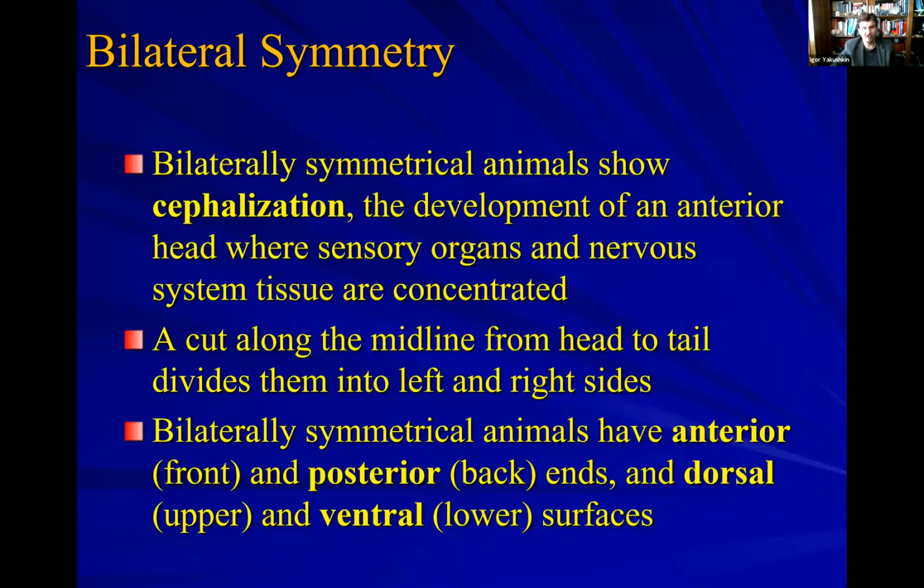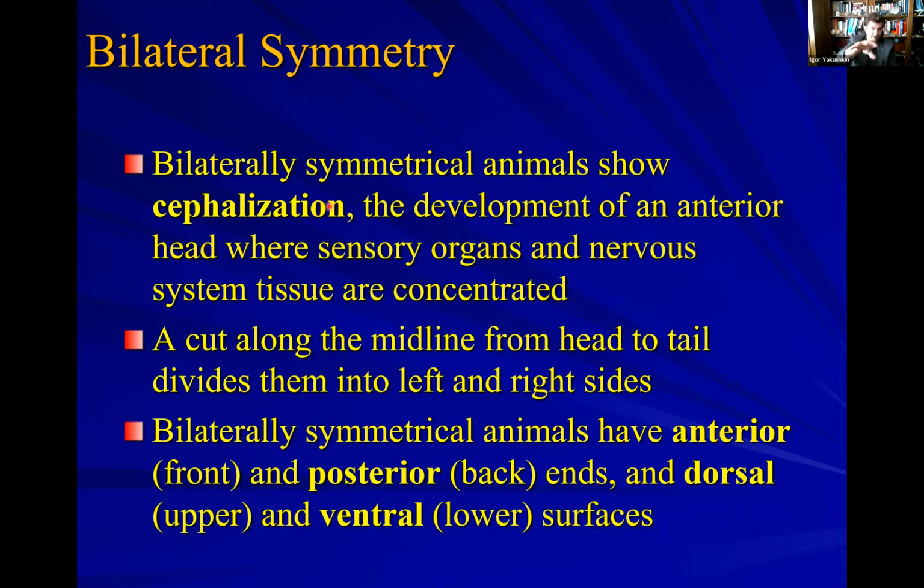So bilateral symmetry shows something which is known as cephalization. Cephalization is formation of the head. The front end goes into the environment first, so it has to sense the environment. If there is a danger, if there is food or anything like that. So how is sensing of the environment happening? There will be quite a few different sensors on the front end of the body.